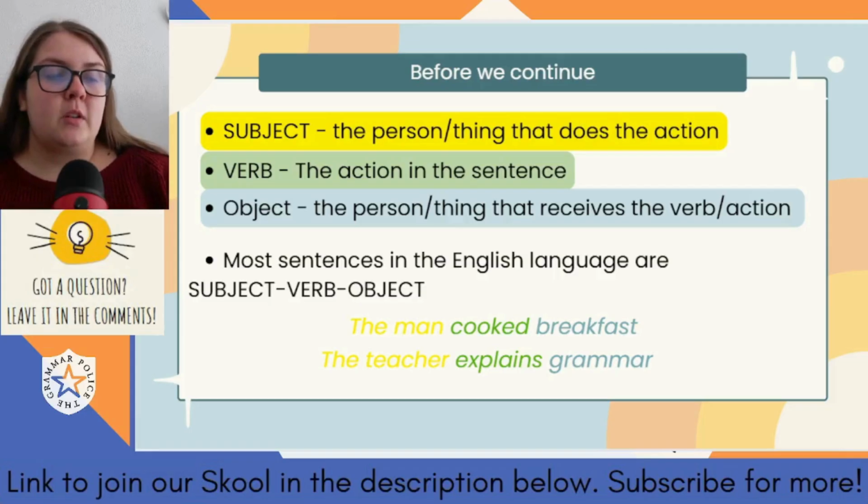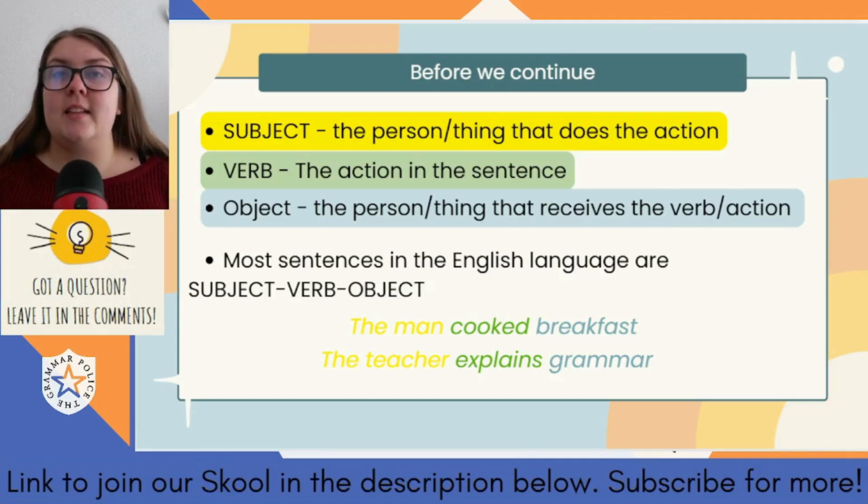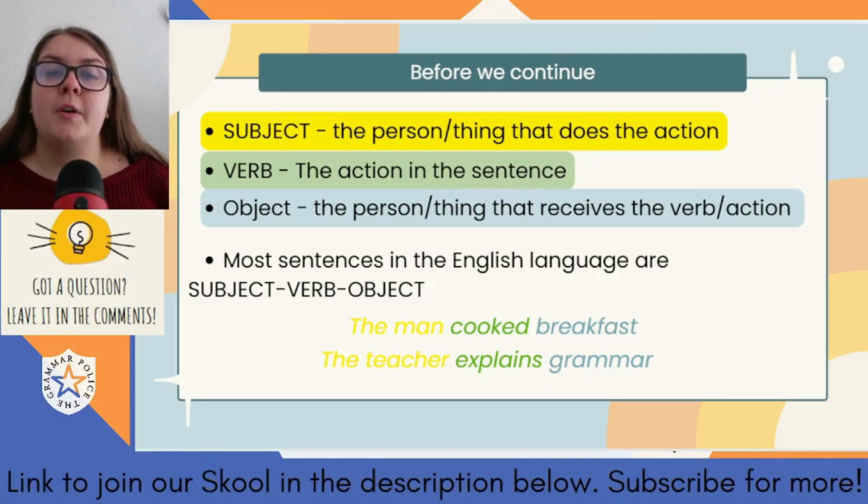Okay, before we continue, let's talk about something very important. In a sentence, we have a subject, a verb, and an object. Okay? The subject is the thing that completes the action. So, in the sentence, Emily eats cake, the subject is Emily. A verb is the action in the sentence.